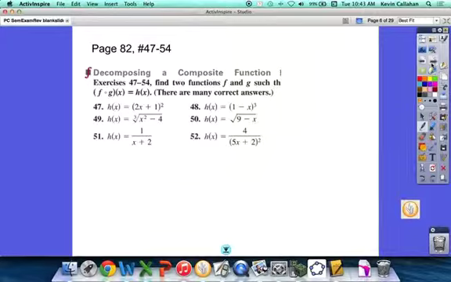Let's say, I'll do this one here, the h of x, since it's on the bottom. What if I said g of x equals x plus 2, and f of x equals 1 over x? Then what would f of g of x be? 1 over x plus 2, which is this.